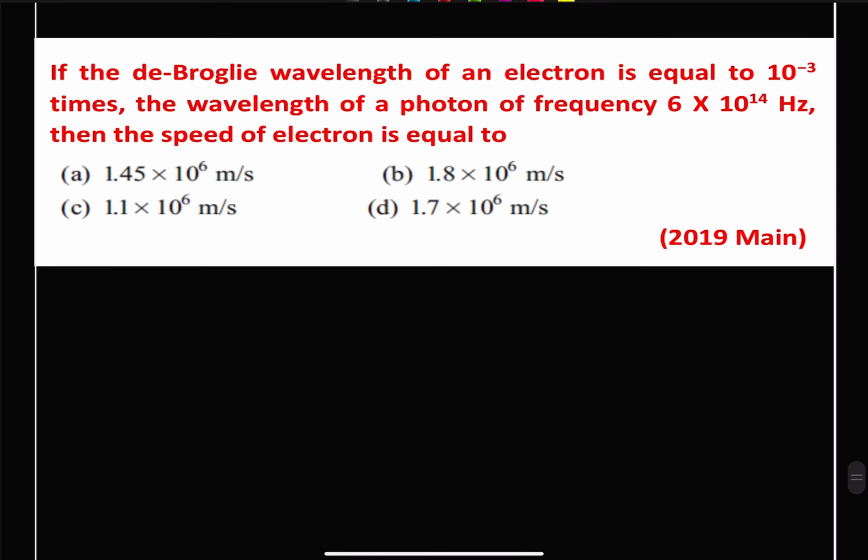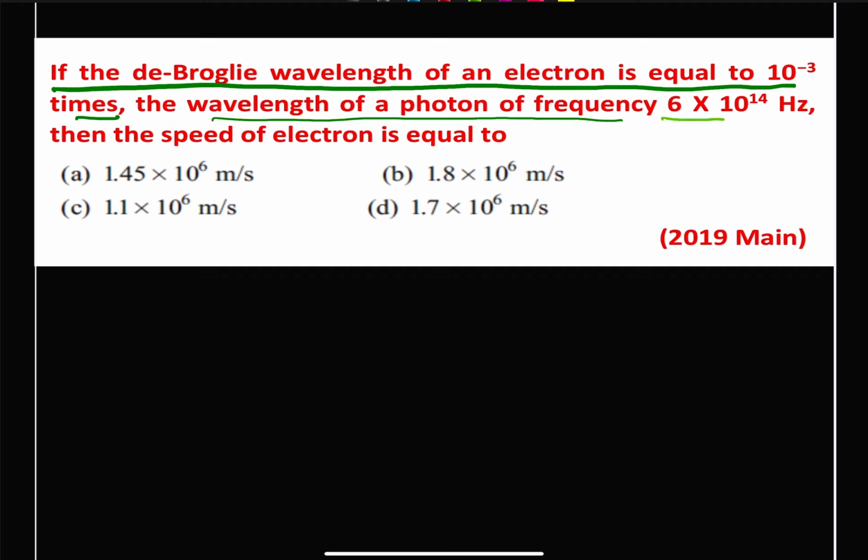It states that if the de-Broglie wavelength of an electron is equal to 10 raised to power minus 3 times the wavelength of photon of frequency 6 into 10 to the power 14 hertz, then the speed of the electron is equal to. So here we are given the frequency of photon.